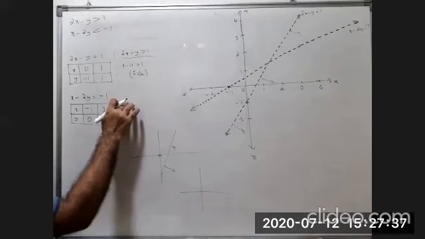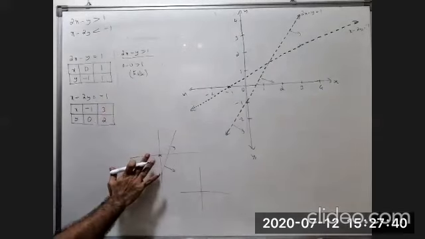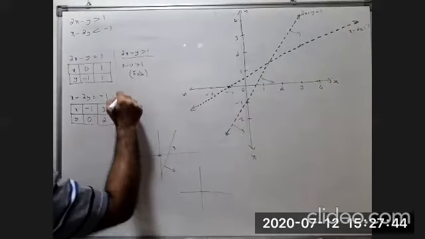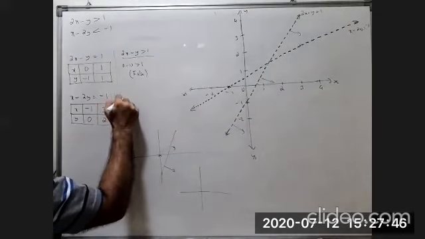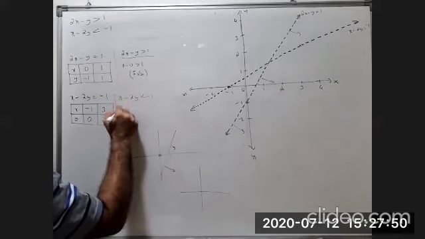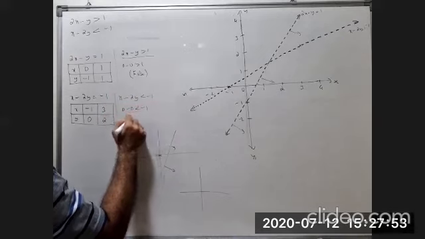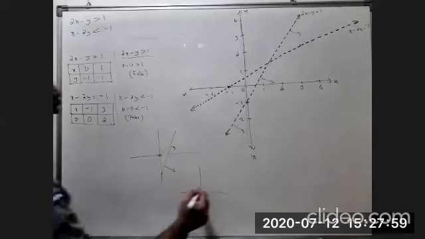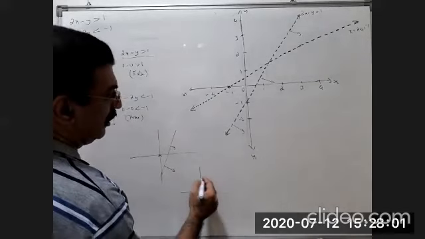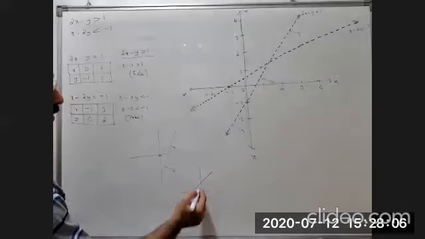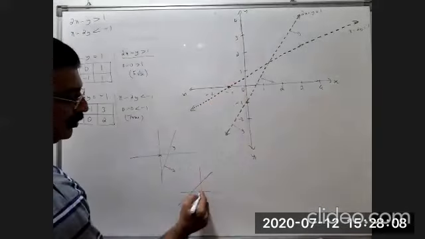Next one. This one keep in mind. No need of drawing it, just remember that. So here, x minus 2y less than minus 1. Again, 0 minus 0, 0 less than minus 1 is false. So this line here, 0 is here, below the line. So this is our line. See, our line is passing above 0.